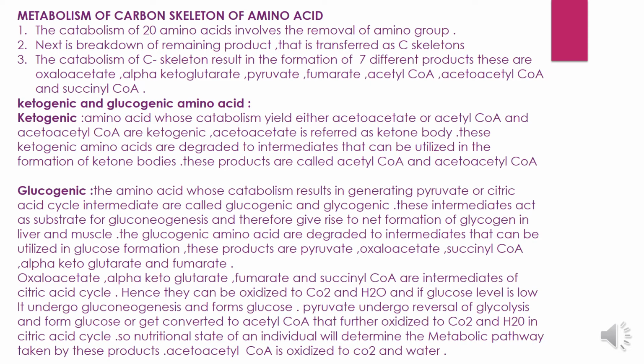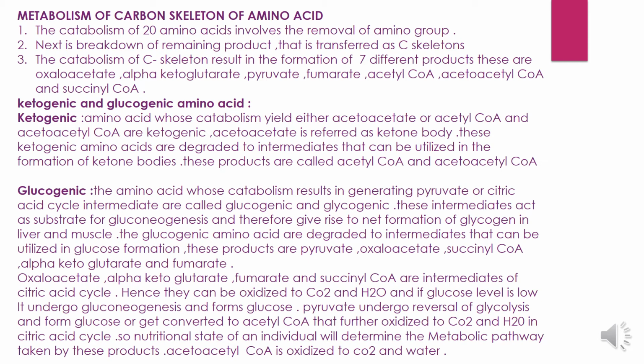Glucogenic amino acids are those whose catabolism results in generating pyruvate or citric acid cycle intermediates; they are called glucogenic or glycogenic. These intermediates act as substrates for gluconeogenesis and therefore give rise to net formation of glycogen in liver and muscle.